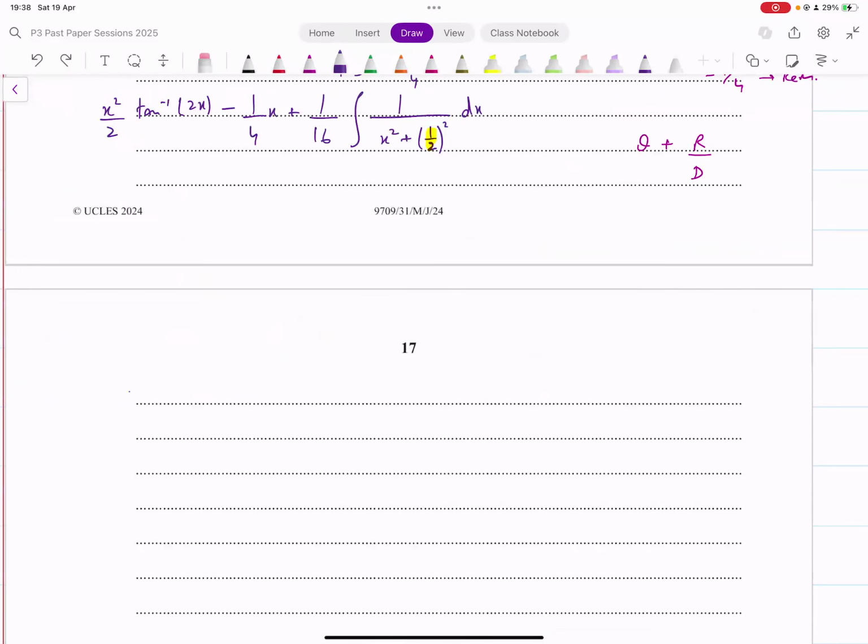So integration becomes x squared over 2 into tan inverse of 2x minus 1 over 4x plus 1 over 16 into 1 over a. A is 1 over 2. So 1 over 2 into tan inverse of x over a, which is x over 1 over 2. And that completes our integration. We can simplify this and put the limits down.